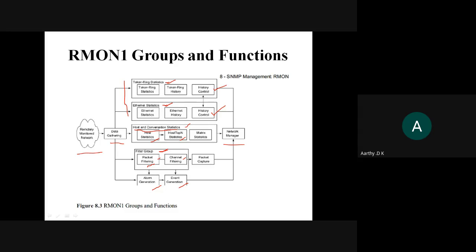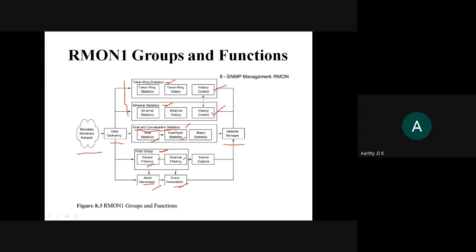This channel filtering contains the filtered data. After we do some filtering, the output of the filter can be either an alarm or an event. Once you have an alarm, like a trap or any kind of notification, some conditions have to be handled, right? Like how we have exception handling in Java and other programming languages.